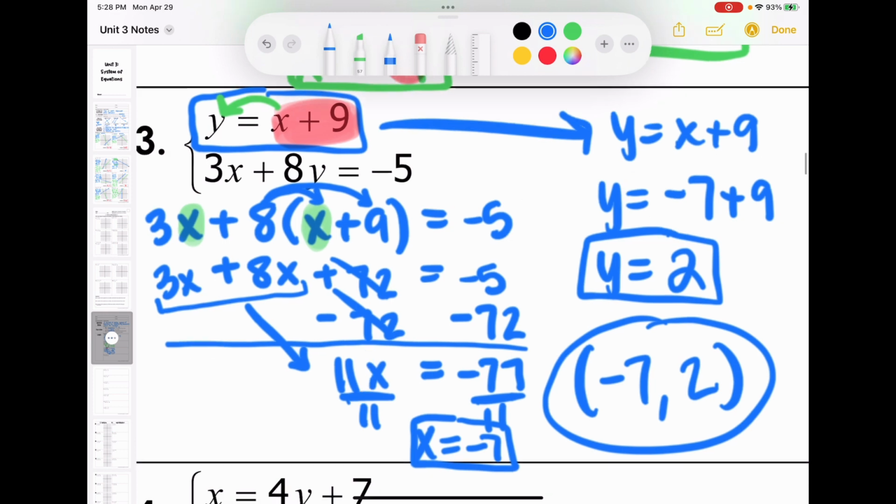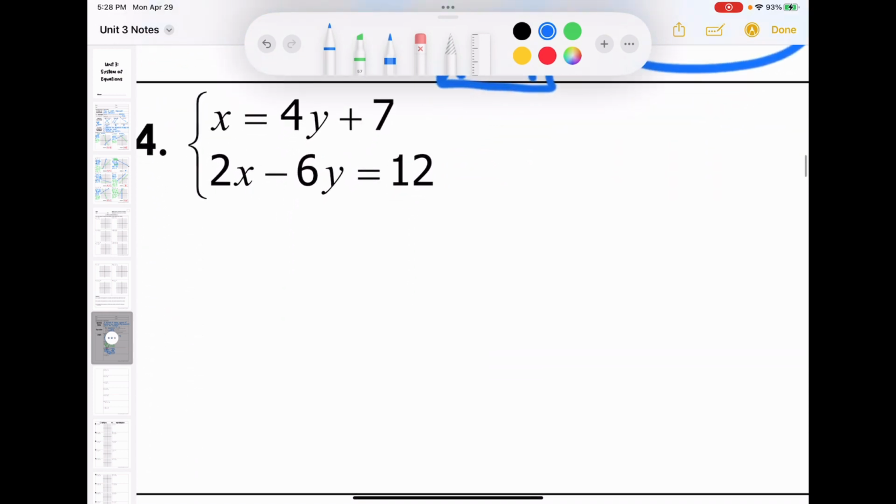All right, looking at number 4, we have x equals 4y plus 7 and 2x minus 6y equals negative 12, or equals positive 12. So we're going to solve one equation for x or for y. If you look, our first equation is already solved for x.